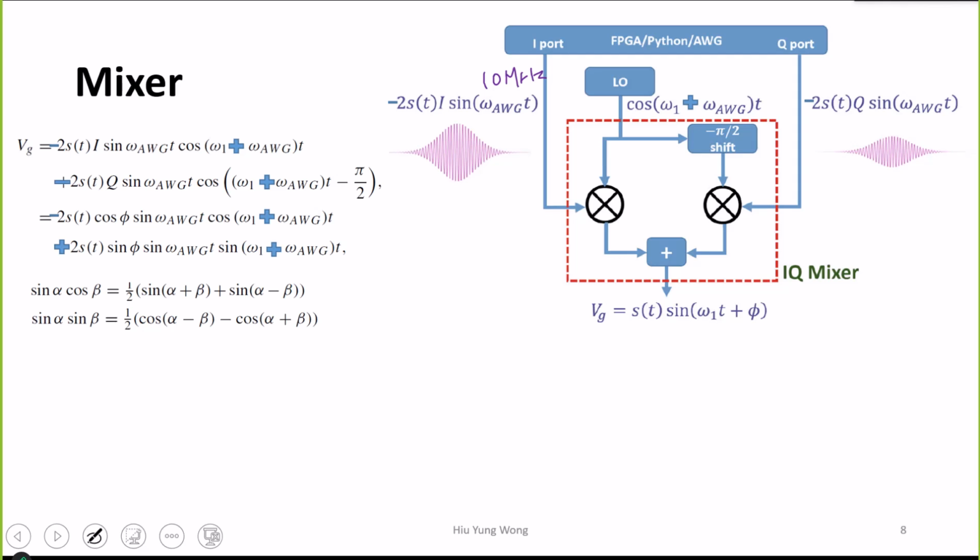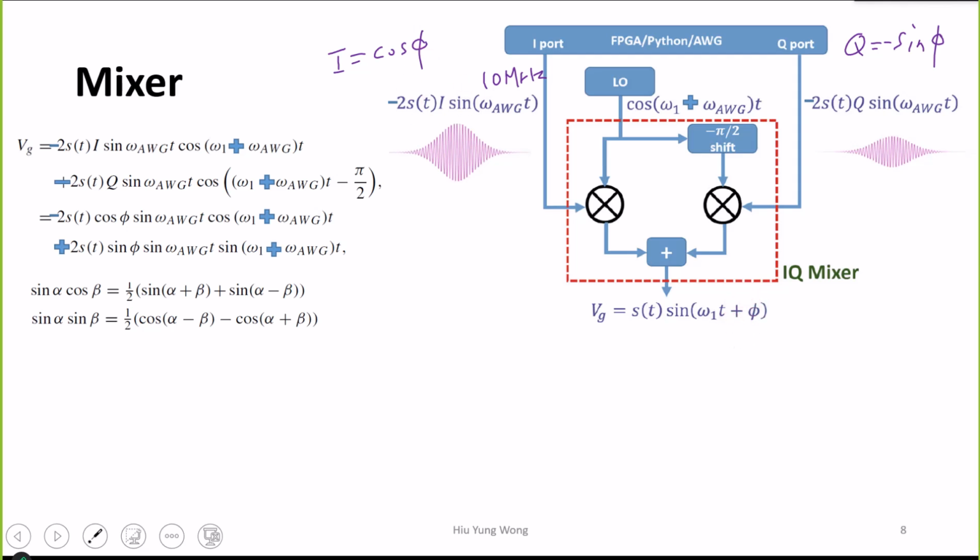And to remind you, I equals cosine phi and Q equals negative sine phi. Remember, this I is the amplitude of this signal. So what I'm saying is that in order to generate this phase, I actually need to adjust the amplitude of my output at this part. Okay, so now this is 10 millivolt, then here might give me 20 degree, for example.